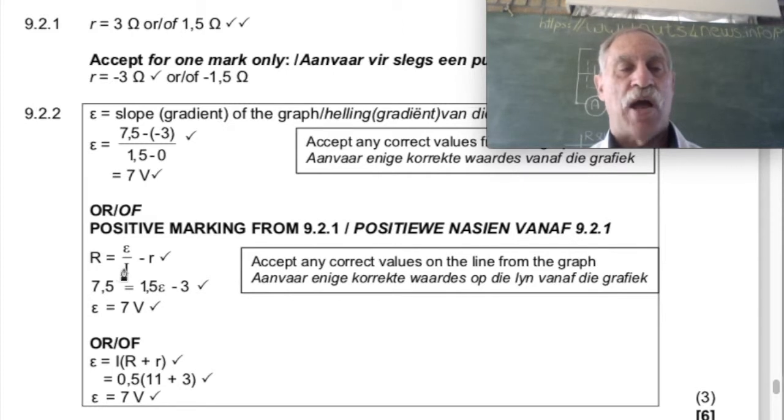And then our 1.5: that is not I, that is 1 upon I. So if we want to get I, we've got to invert it, so there you see we've inverted the 1.5. You look for the R value, you look for the I value, but they don't give you directly an I value, they give you a 1 upon I value. So you're going to have to invert it, put it on top, times E, and then you solve and you get 7 volts.